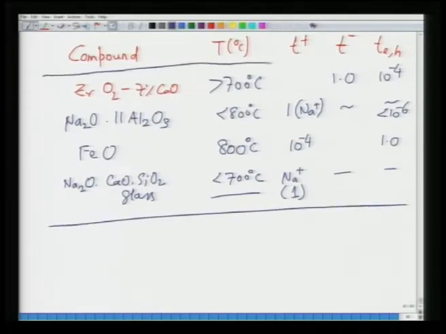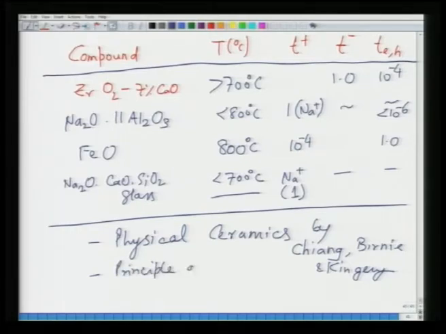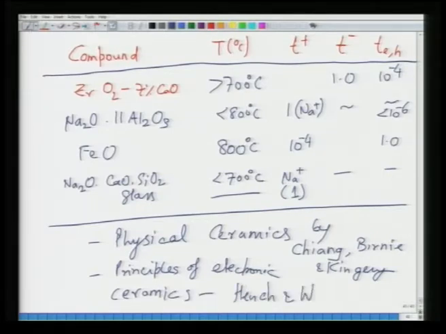You can look at the books which I provided in the bibliography, especially the book on physical ceramics by Chiang, Birnie and Kingery, and then principles of electronic ceramics, Hench and West.